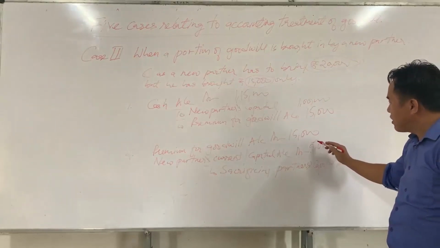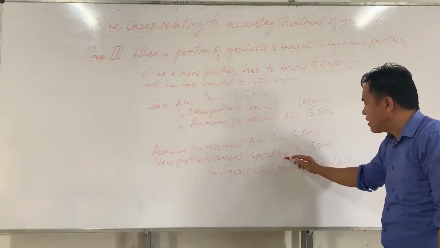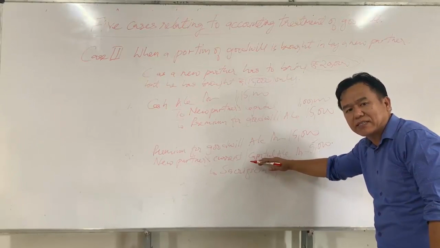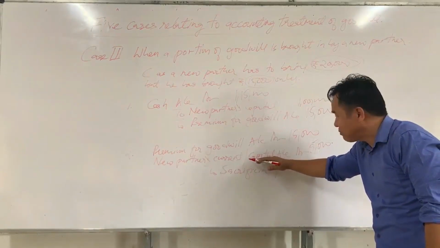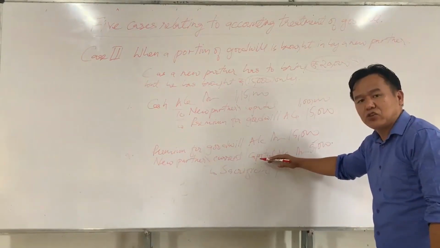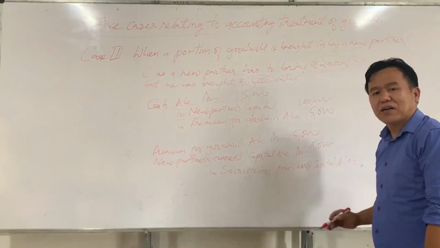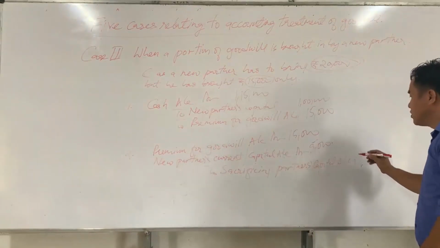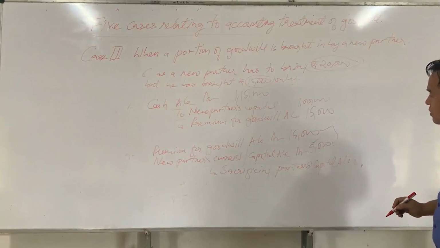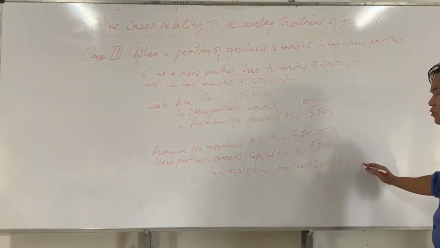If the remaining amount of 5,000 is paid from the new partner's current account or capital account, then their capital will decrease. If capital decreases, then we should debit the partner's current or capital account. So this premium amount, which is 20,000, should be transferred to whom?